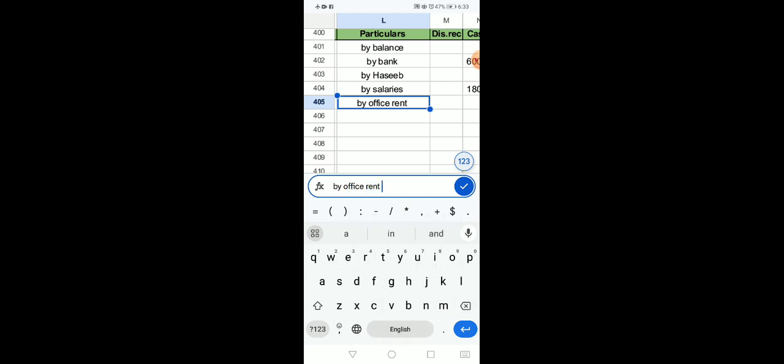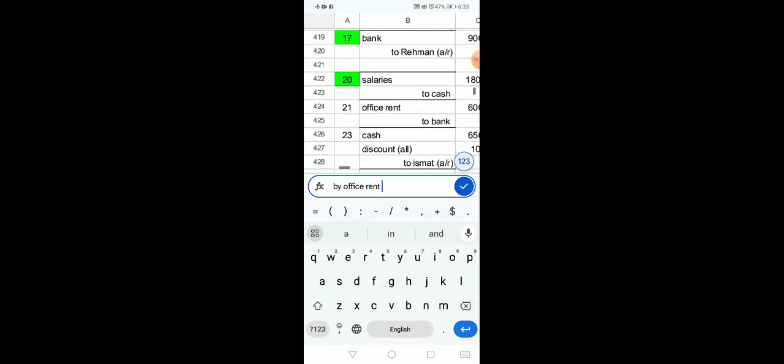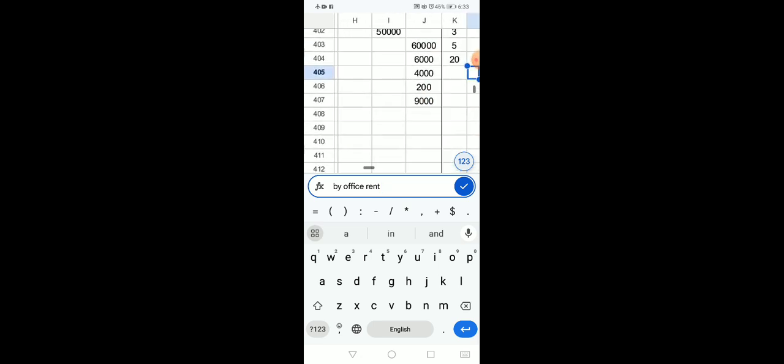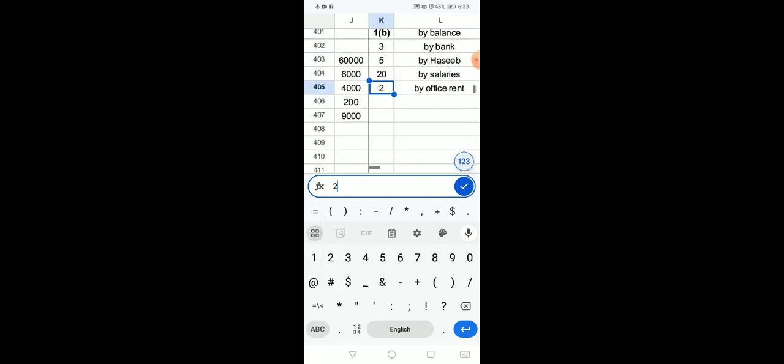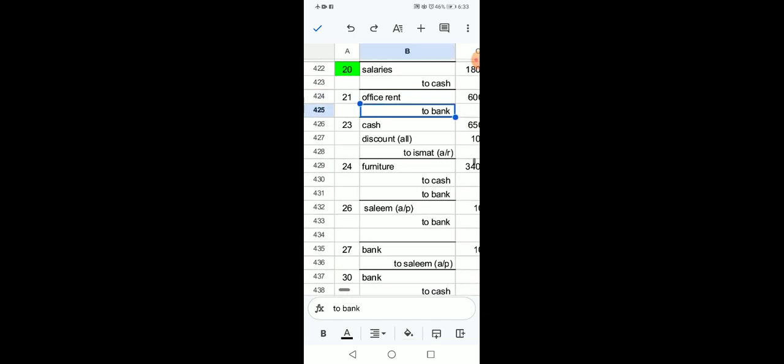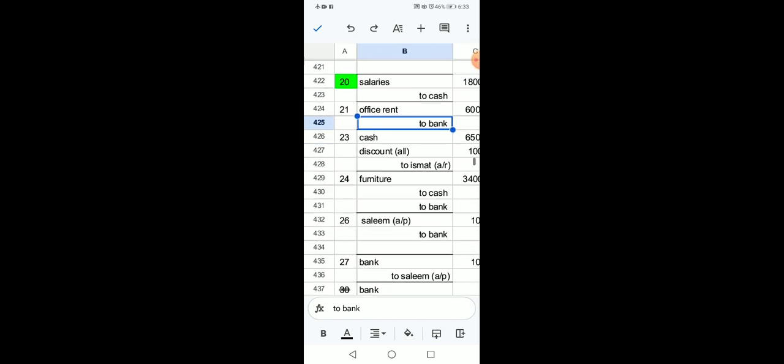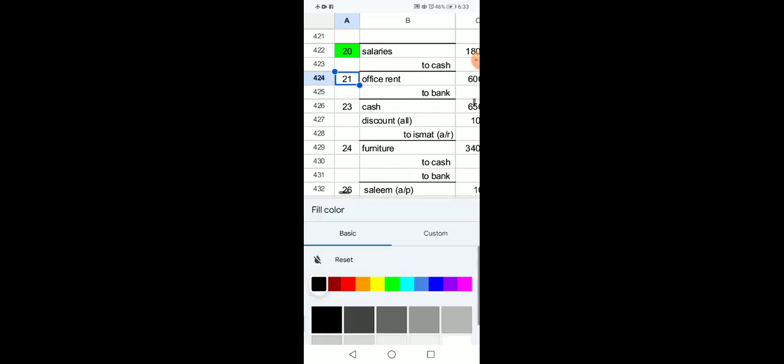Now see the date, which is 21. Put 21 over here. In this way, 21st entry has been completed. Why? Because there was only one element, that was bank, and we had posted 6,000 on credit side of the bank of cash book. Entry 21, okay. Mark it as it has been done.